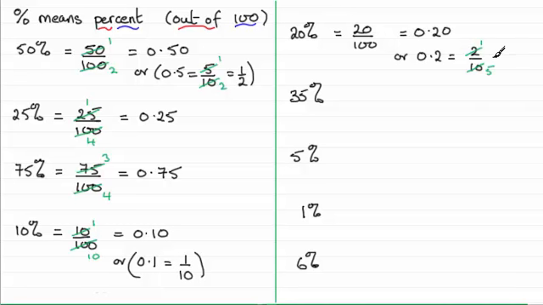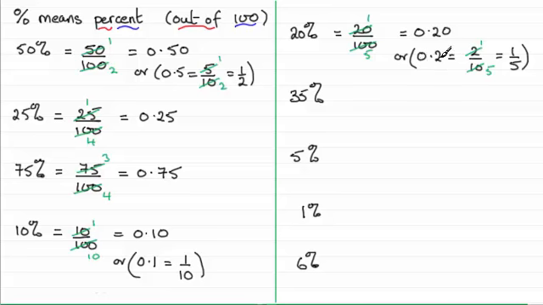So 0.2 is the same as 1/5. You can get 1/5 from here too. You could cancel top and bottom by 20. 20 into 20 goes 1, 20 into 100 goes 5. So either way, 20% as a fraction in its lowest terms is 1/5, as a decimal is 0.20 or even 0.2.